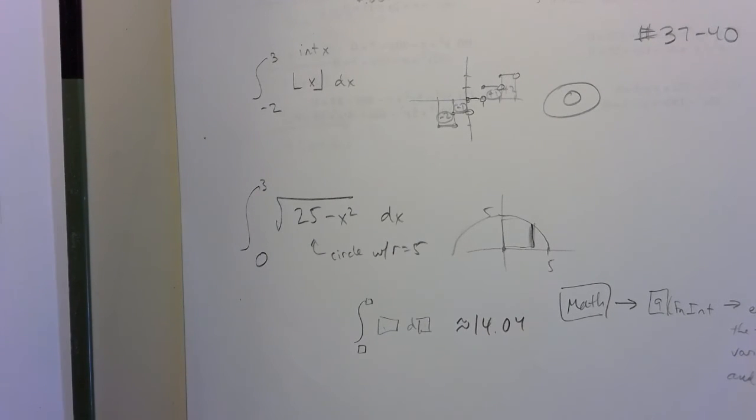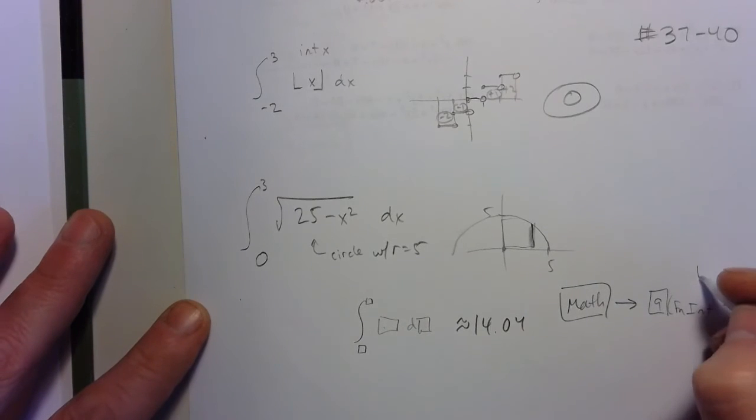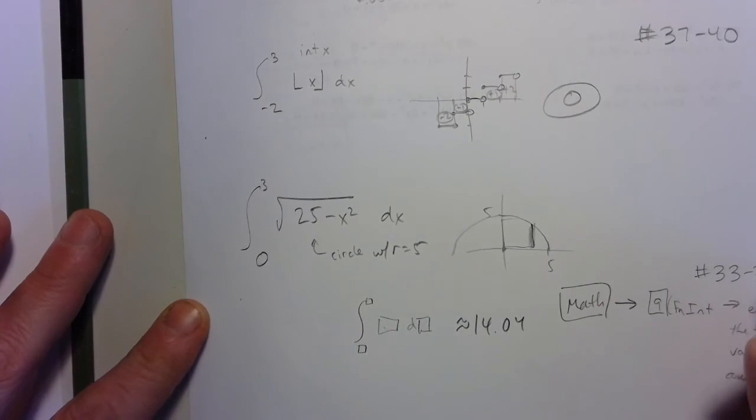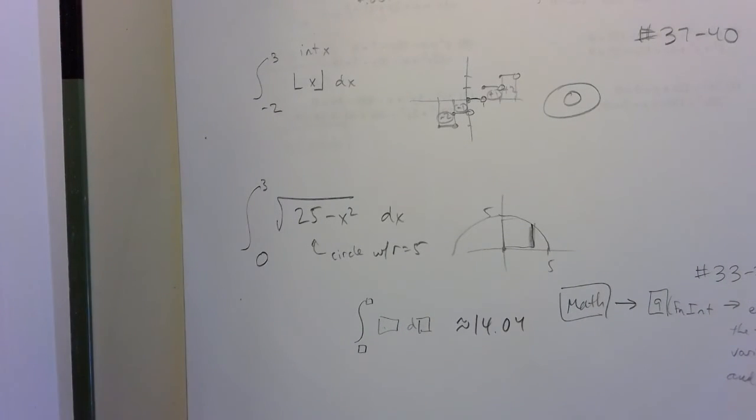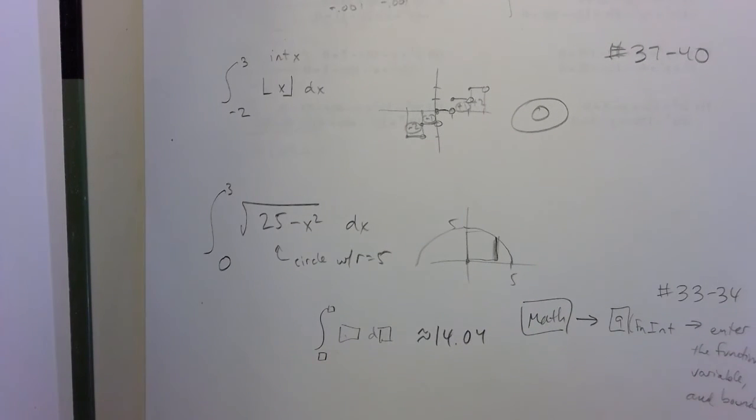Those are going to be like numbers 33 and 34. Notice 33 and 34 say use n int. That's the same thing, just a general name for an integrating function.